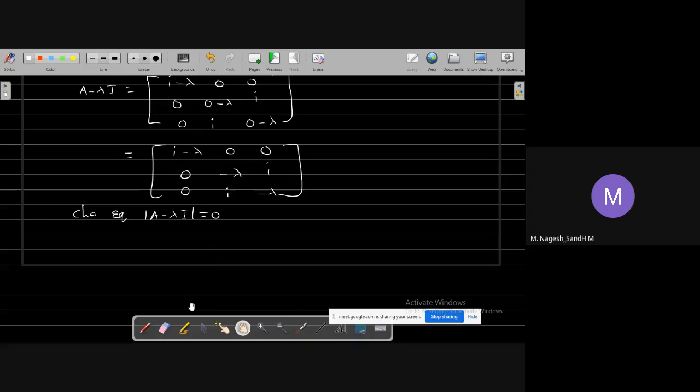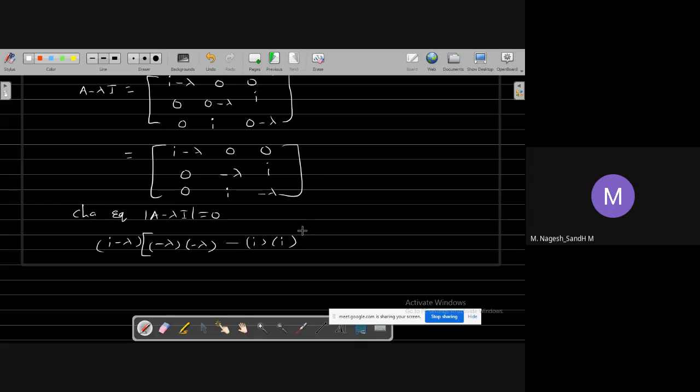So now the characteristic equation. Is this okay now? Determinant: i minus lambda into, I'm doing directly, close this column and row. So what will we get? i minus lambda into (minus lambda into minus lambda minus i into i).